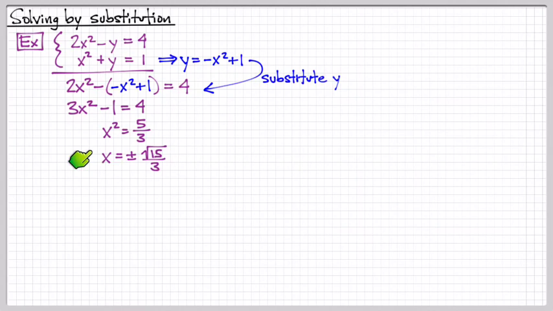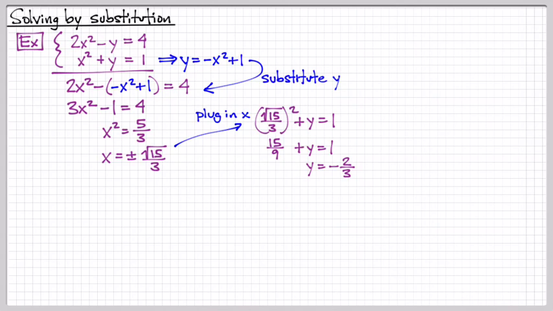But we're not just solving for x. We want to solve for y as well. So we need to take this solution and plug it back into one of these equations here. So when we do that, we find out that y is equal to -2/3, and we have our solution. And so I should actually write it like this.